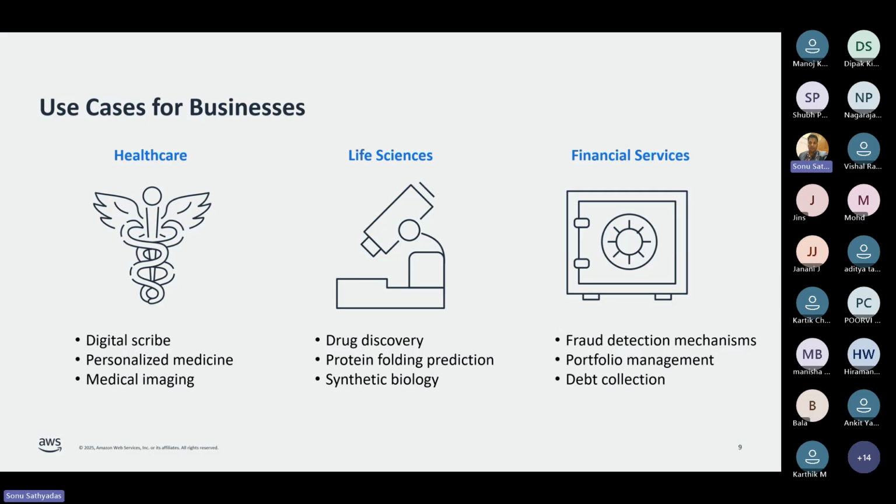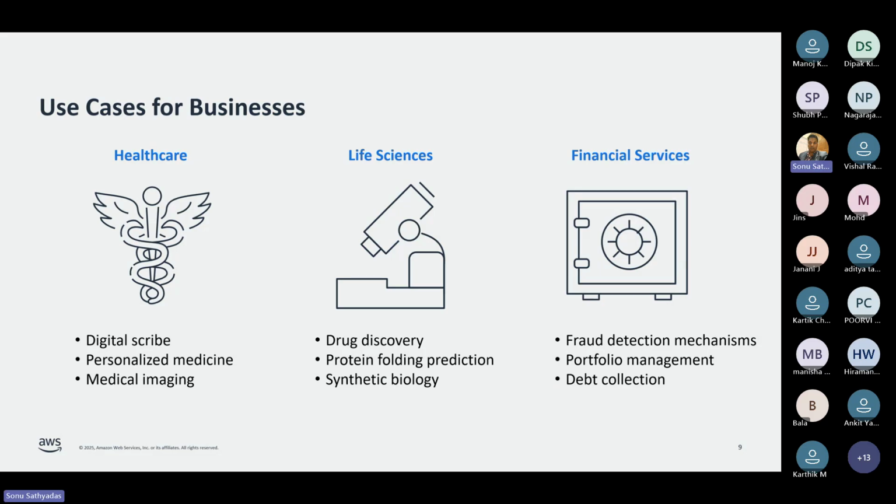We are now using these generative AI services in different domains. Basically, we are using them in education, healthcare, life science, finance, and banking. So for the healthcare industry, we can use these generative AI services to create personalized medical prescriptions, medical imaging, and digital scribe.